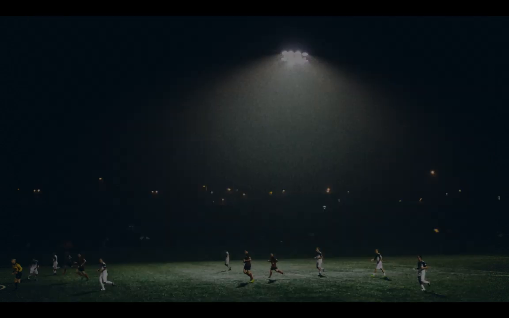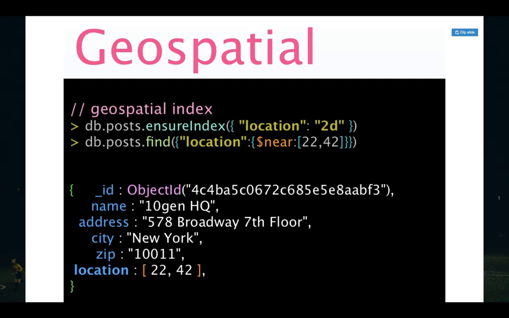Moving forward, let's see how we can store geospatial data on MongoDB. For that, you can see we have a location key at the bottom where it contains two elements inside an array.